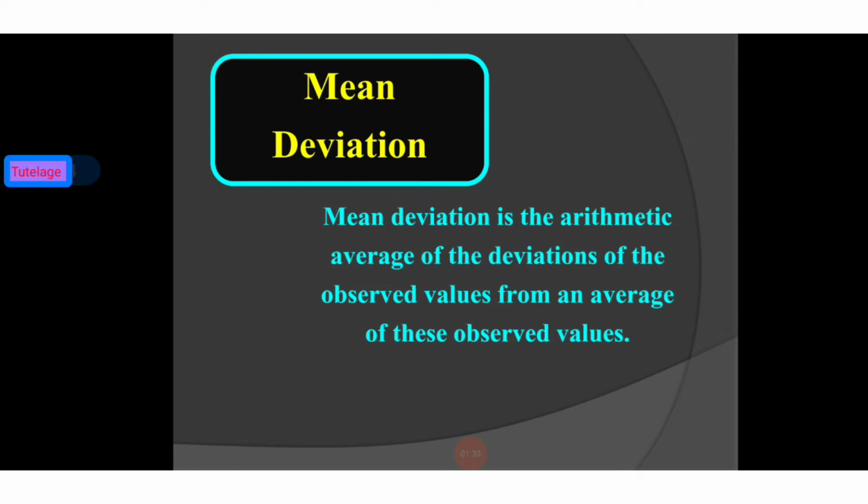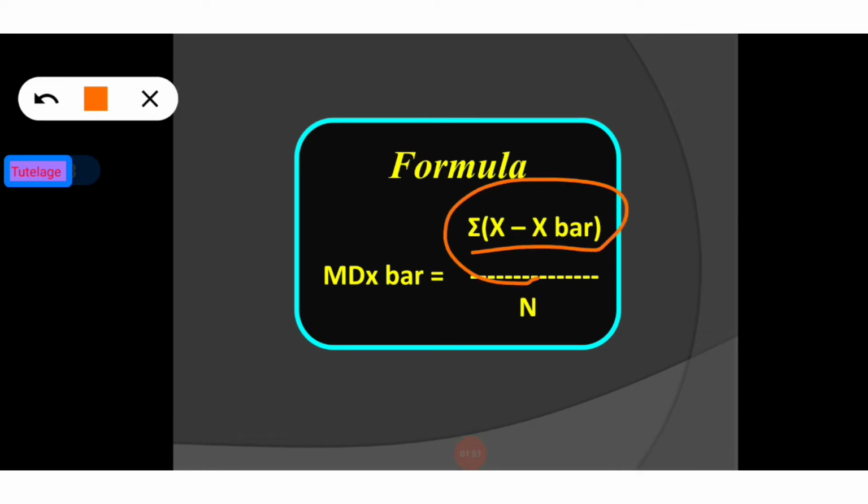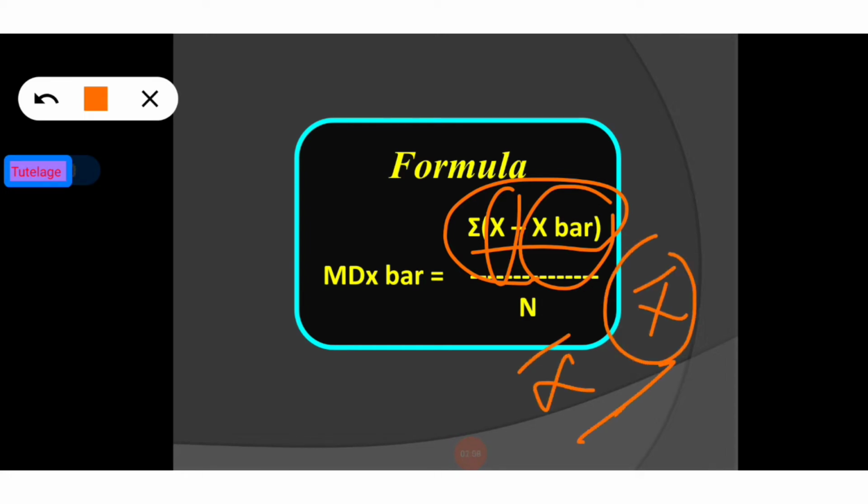Now going to the formula, I think it will be much easier when we are using the formula. Here we can see the formula: summation |x minus x bar|. So x bar means arithmetic mean and x is the observed values.